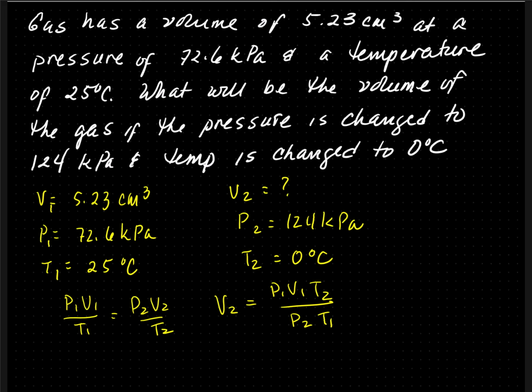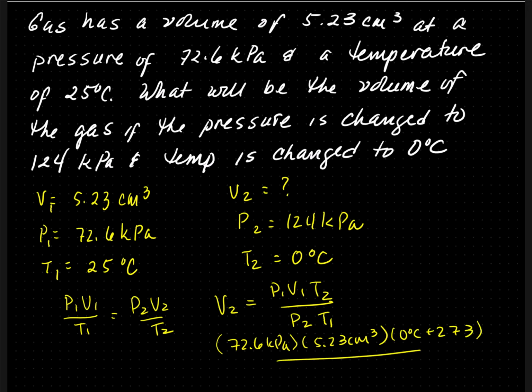So now I'm going to plug in. My P1 is 72.6 kilopascals. My V1 is 5.23 centimeters cubed. My T2 is 0 degrees Celsius. I need to add 273 to convert to Kelvin.